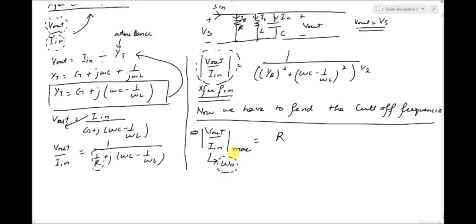By the definition of resonance, we know that when the system is in resonance, the maximum response will occur, and it always occurs at the frequency known as the resonant frequency, and that resonant frequency will make the impedance equal to resistance or admittance equal to conductance. So the maximum value of Vout over Iin will be resistance, and it will occur at omega naught, which is the resonant frequency.